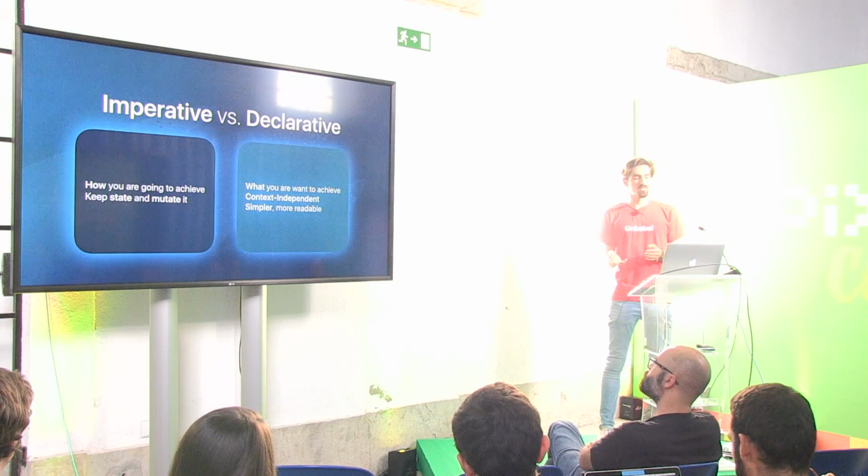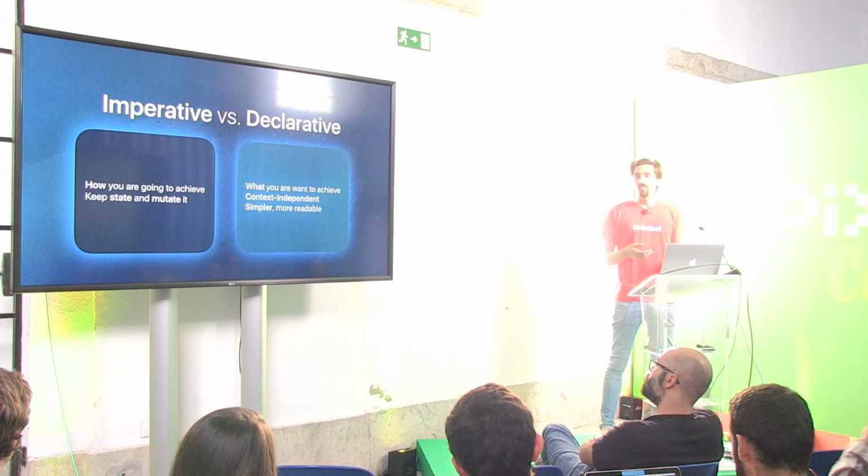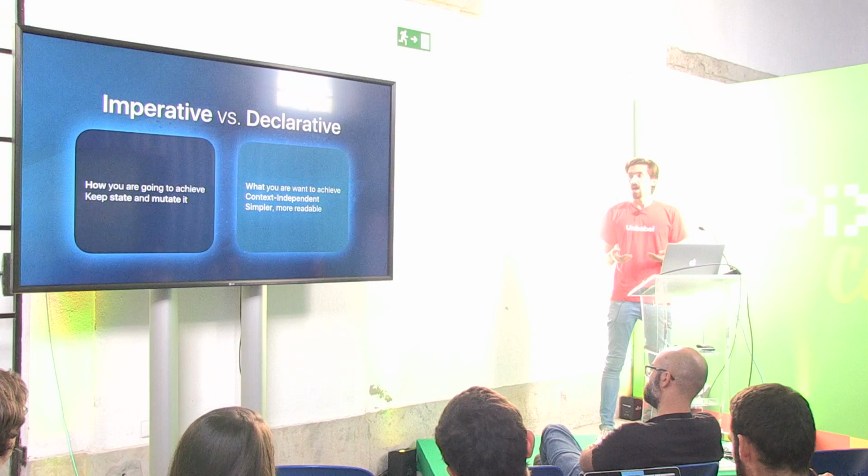Whereas on the declarative side, you think of what you want to achieve. And it's fairly interesting that it's context independent. In the taxi example, if I was not at the office and was, for example, in Caixdre, that option could still get me here. The first option, not so much. I wouldn't know where I would be right now.